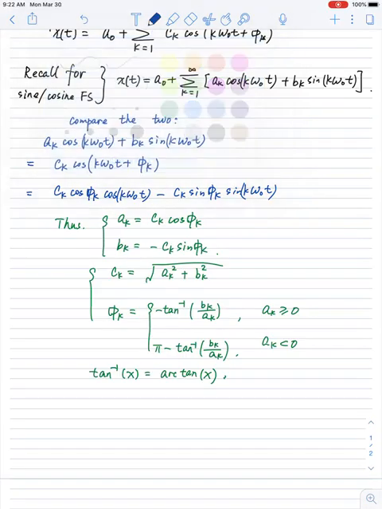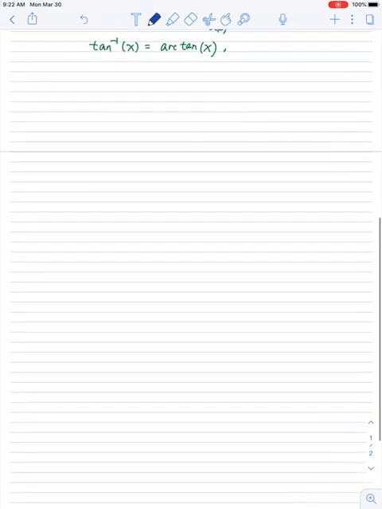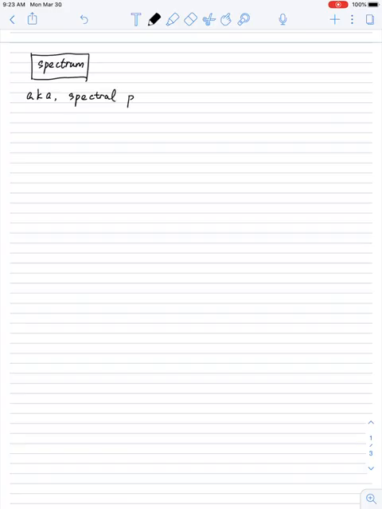So now let's continue to introduce another important concept after we have the amplitude and phase representation, and this concept is called spectrum. So spectrum is also called spectral plot or frequency domain plot.